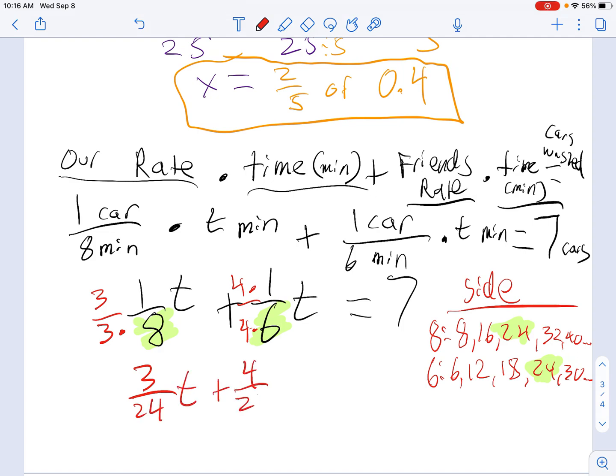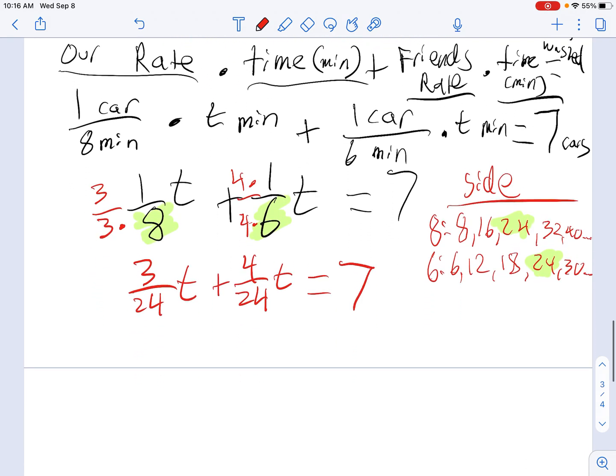So I'm going to get 3 over 24 t plus 4 over 24 t equals 7. 3 plus 4 is 7 over 24 t equals 7.